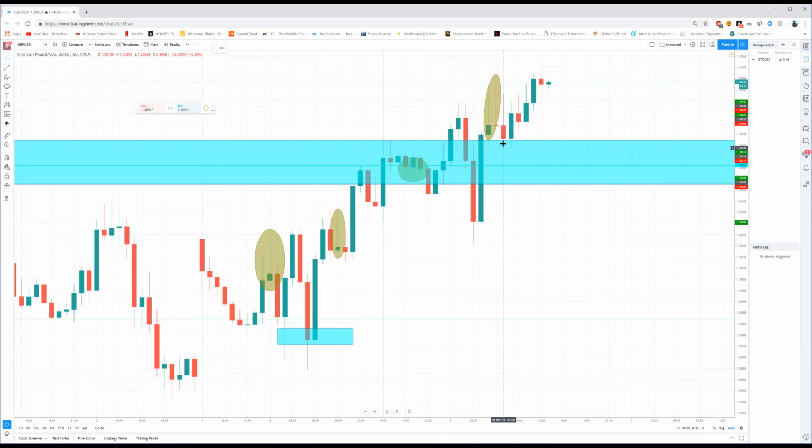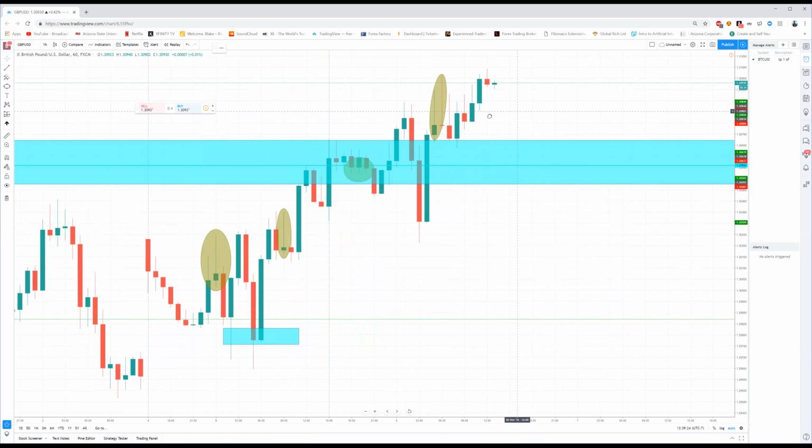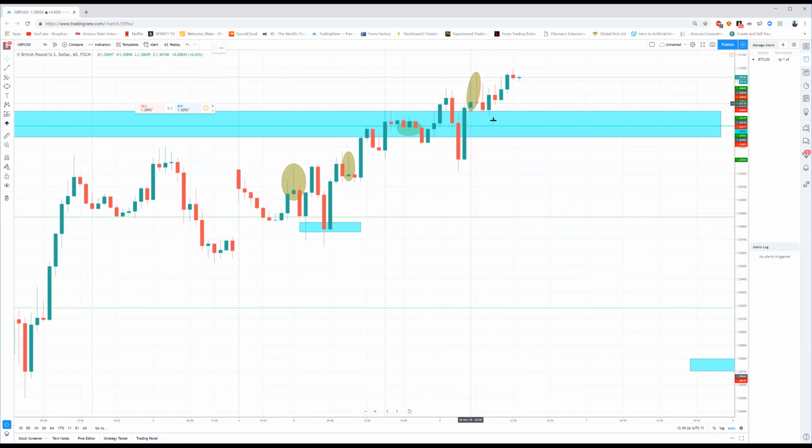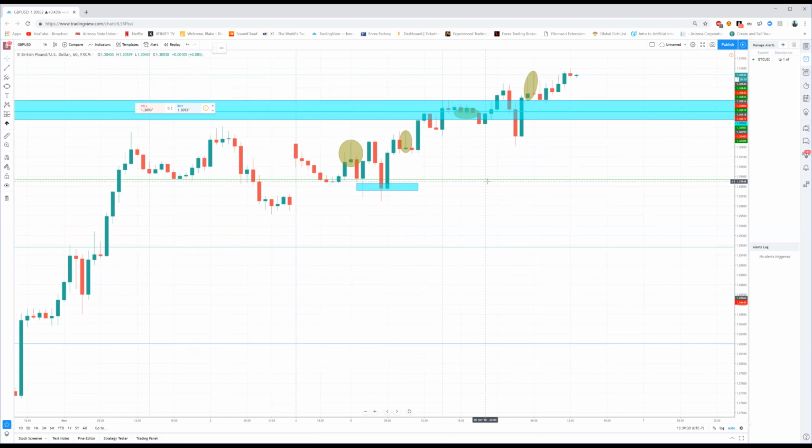This red candle here has a very, very small wick. It pretty much finished on the zone, and afterwards we saw price come up out of that. It tested again with the wick, but it did not finish there. So that's all good. This is a successful breakthrough of the price reversal point so far.